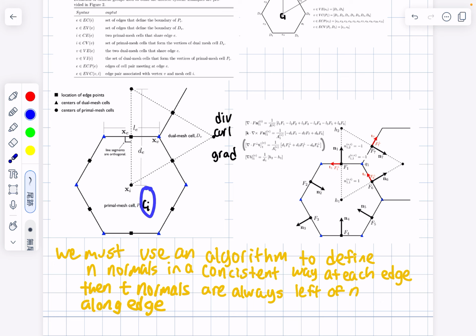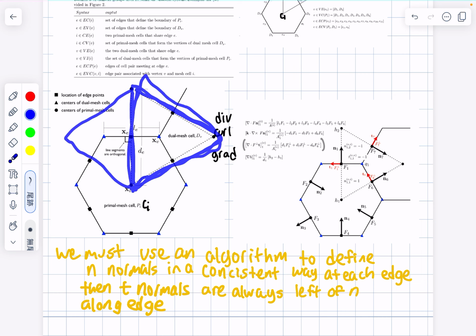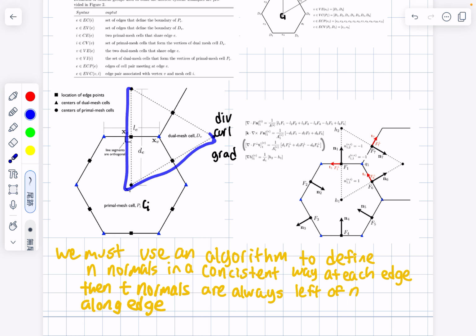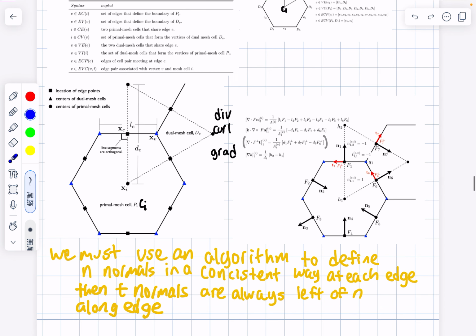I'm going to continue to call it C_i. And then you have this thing called a dual mesh, which is a triangle. There would be multiple triangles at every single one. And these are a secondary mesh, kind of for visualization, so we can think about this better. In reality, the way a computer stores it is maybe less complex than this.